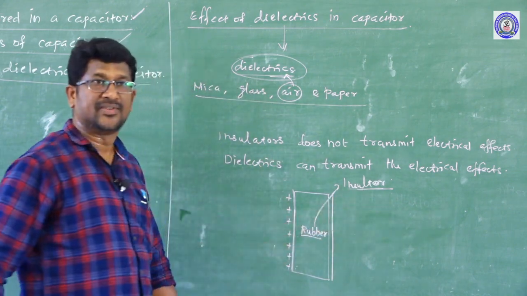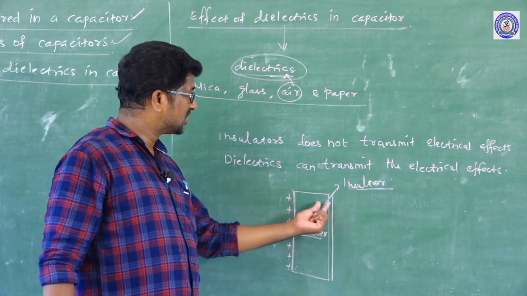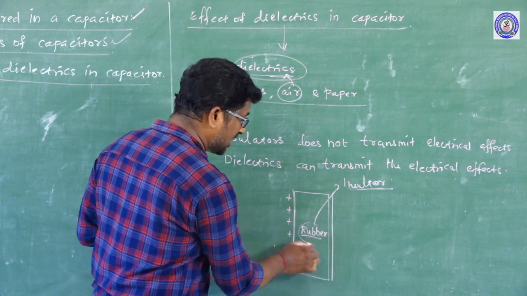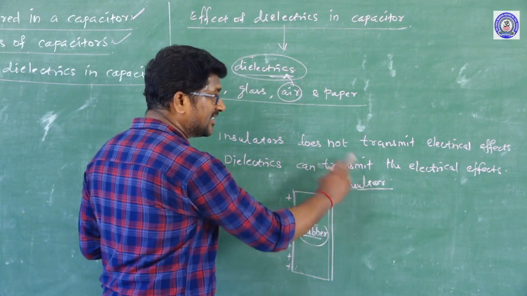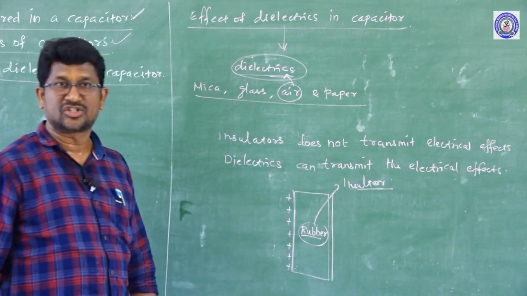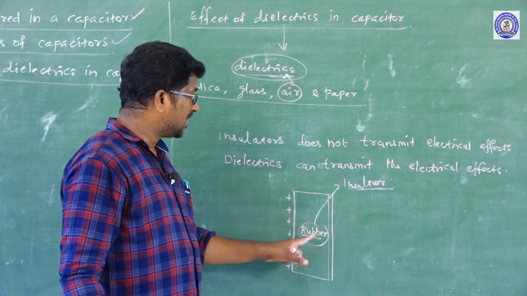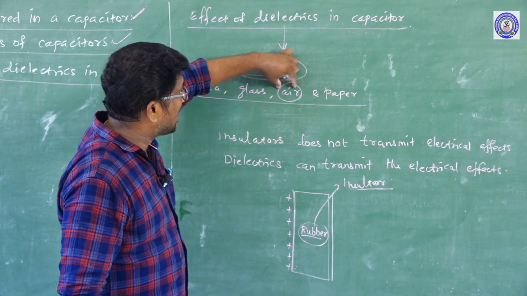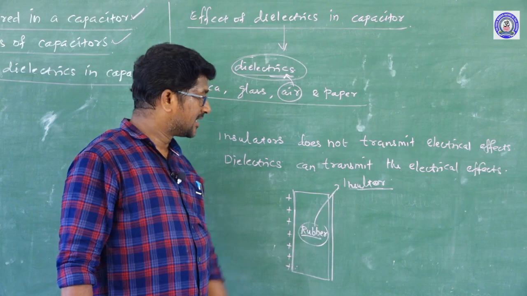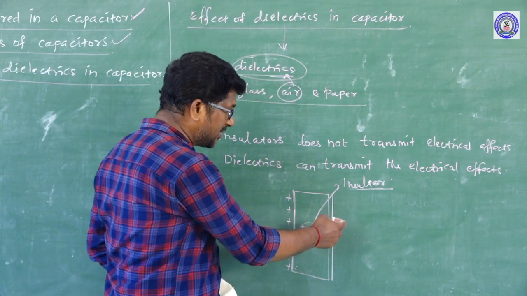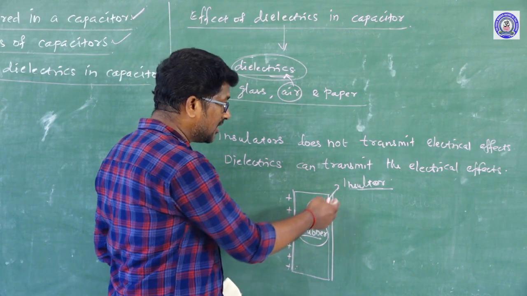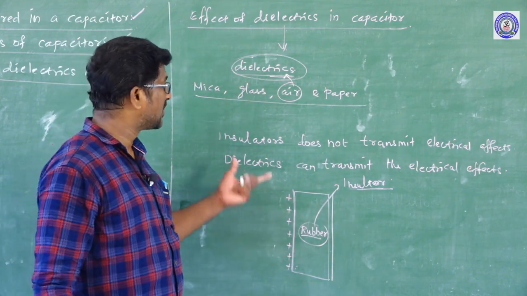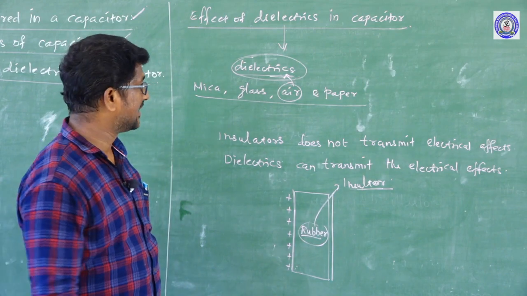There is no electrical effect, that is, there is no induced charges in the uncharged conductor, because the rubber is a pure insulating material. It does not transmit the electrical effect. If the medium is either mica or glass or air or paper, it transmits the electrical effect. So, if the uncharged metal plate is brought near the charged metal plate, the positive charges and the negative charges are induced on either side. So, this is the main difference between insulators and dielectrics, right.